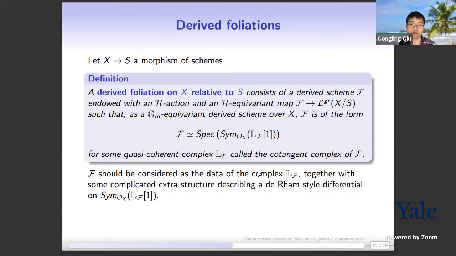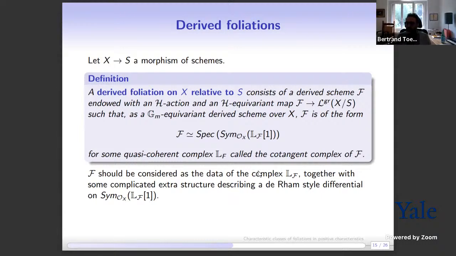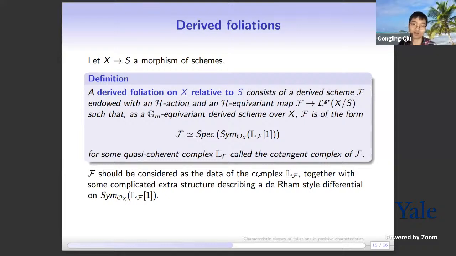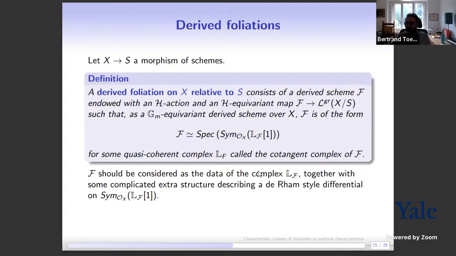I mean, you can shrink it. So your S can change, right? You can enlarge your S or shrink your S if your X is supported on some closed points of S, right? Yes. And so how does the foliation change if you change your S?